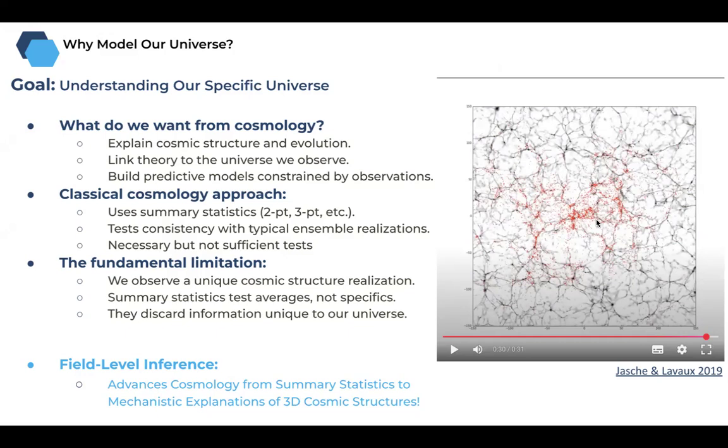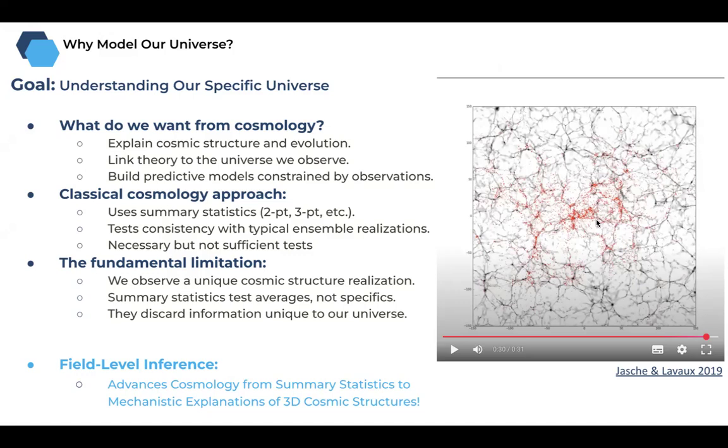And that's a departure from the classical approach of analyzing cosmology through summary statistics like 2-point or 3-point statistics. Summary statistics typically just test the consistency with typical ensemble realizations of the universe, but they miss out on the specificities of the concrete realization we are living in.